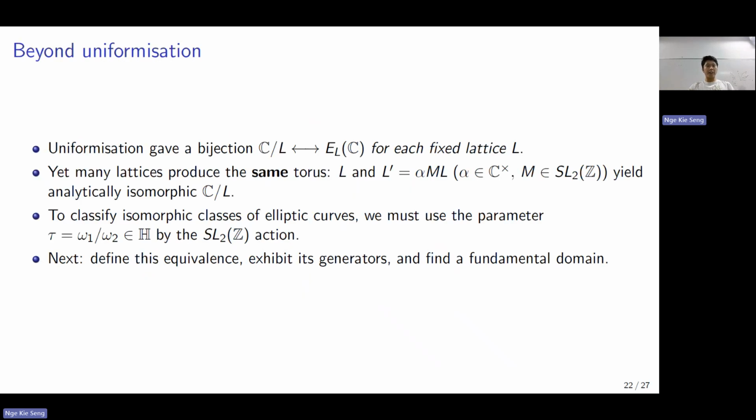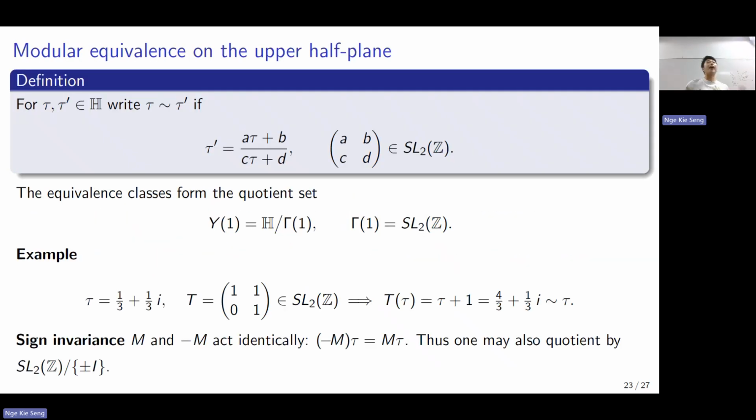If we move further, we can define equivalence of points in the upper half plane, which we call the modular equivalence: tau prime equals (a tau + b) over (c tau + d) if they satisfy this condition. Using this equivalence, let Gamma 1 be the special linear group.